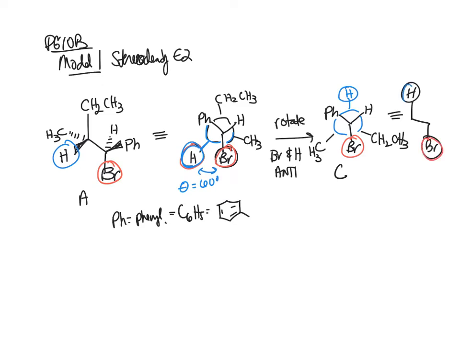Okay, and then what does this do? So everything on this side here is on the same side, and everything on this side is on the same side. So when I've drawn this, you see how we've decided the phenyl on this front carbon is on the wedge. So there's the phenyl. That means the CH3 is also on the wedge.